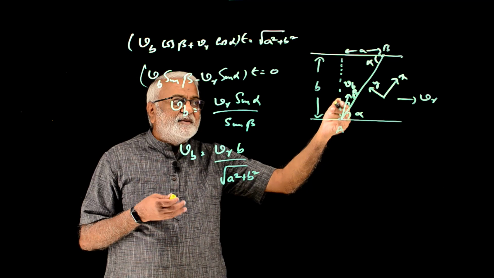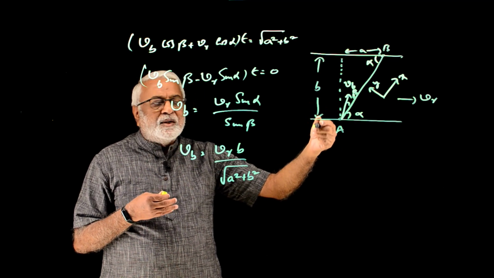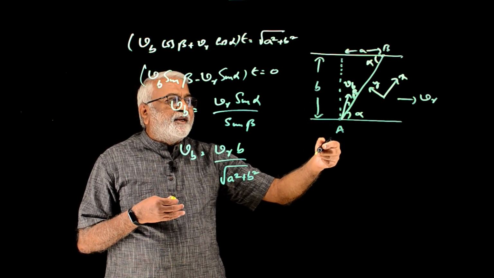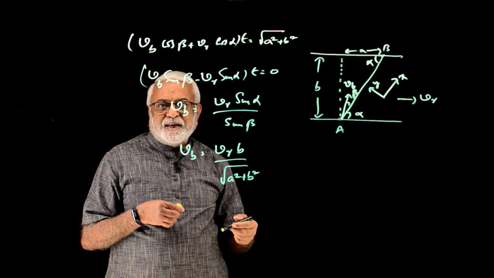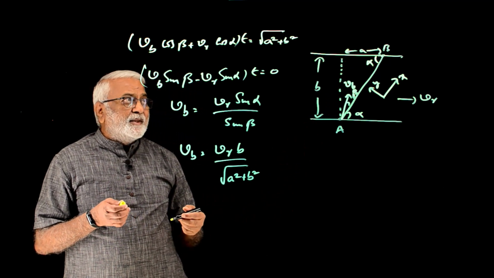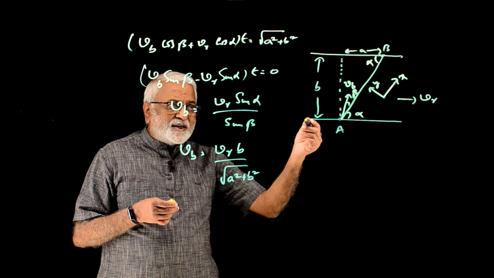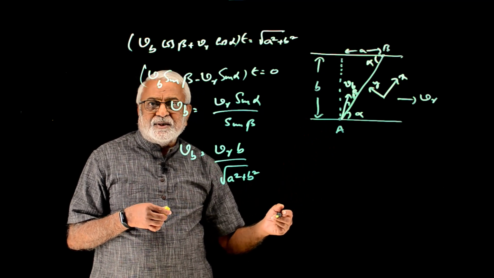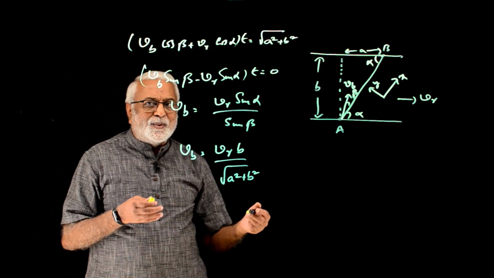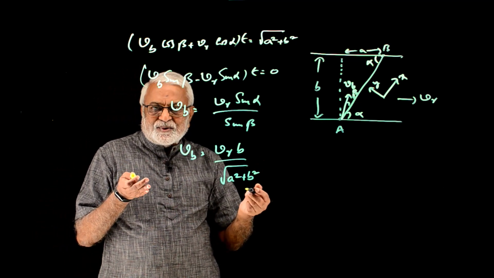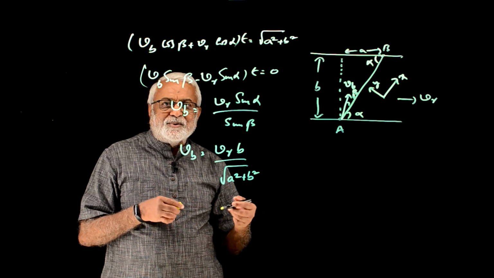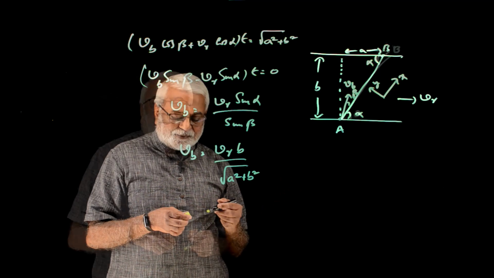Here B is given, so we can choose line AB as our x-axis. We'll do this problem later on with the standard choice of x and y-axis, and you will appreciate the beauty of this solution when you do that.